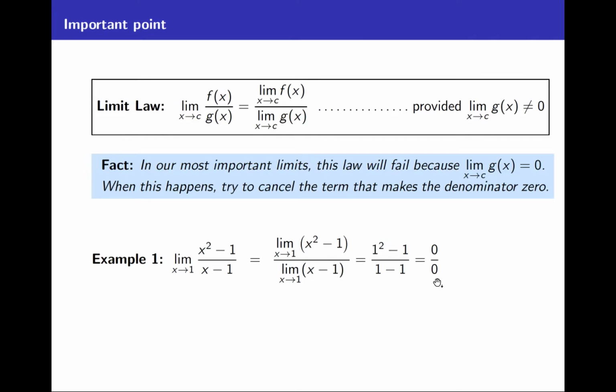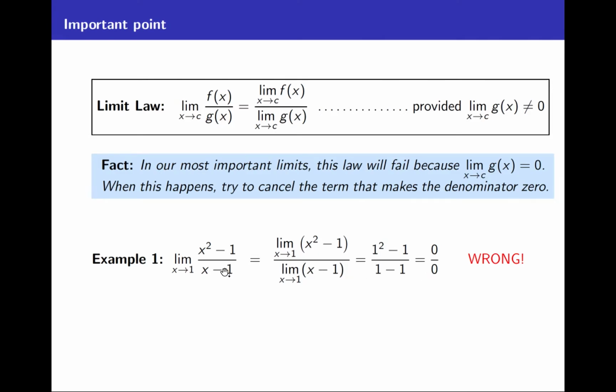It makes no sense. So this approach is wrong, and the thing that went wrong is precisely the fact that we didn't have license to apply this limit law for quotients. It only works provided the limit as x approaches c of the bottom function g of x is not 0, and here the limit as x approaches 1 of the bottom function x minus 1 is 0.